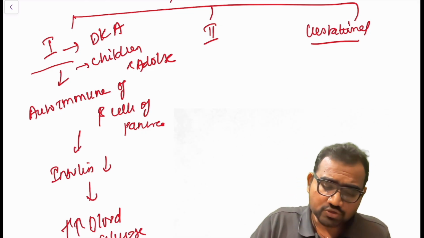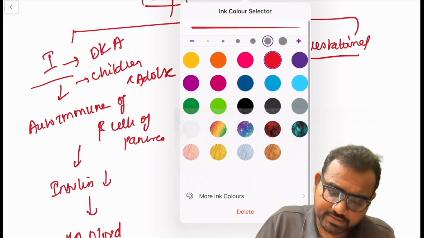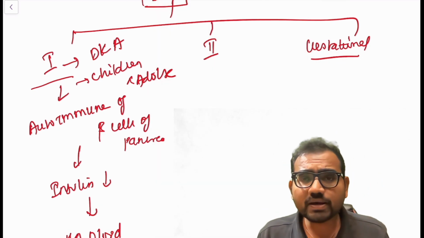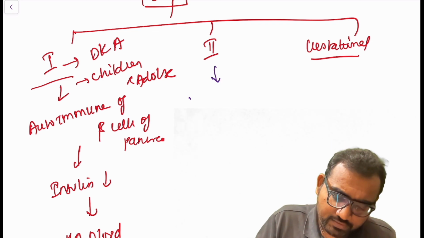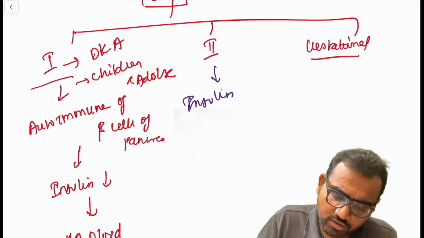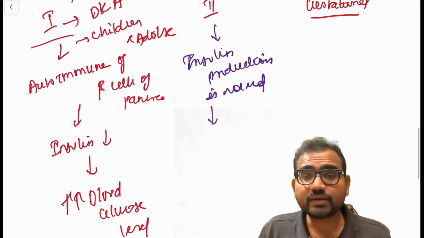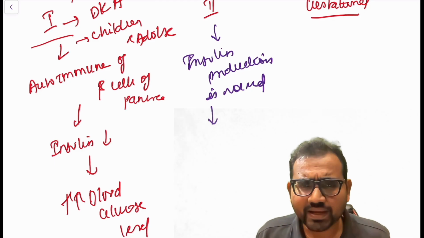Okay, so type 2 diabetes mellitus, these patients will have normal insulin production, but the cells do not take up the insulin. Why? We will see that.